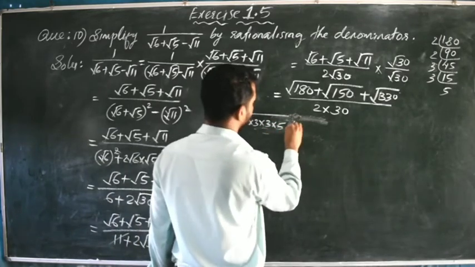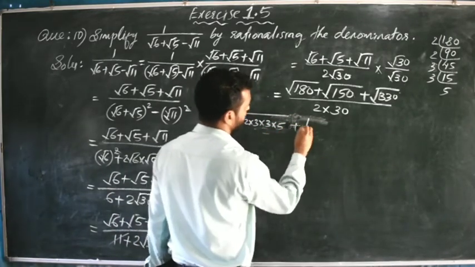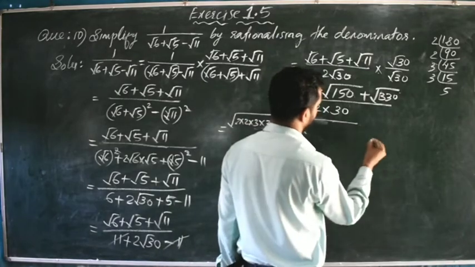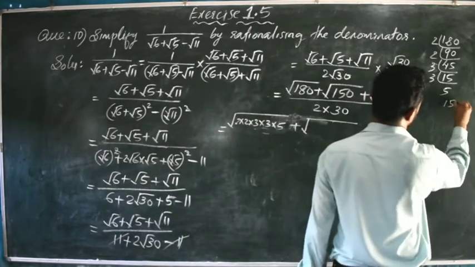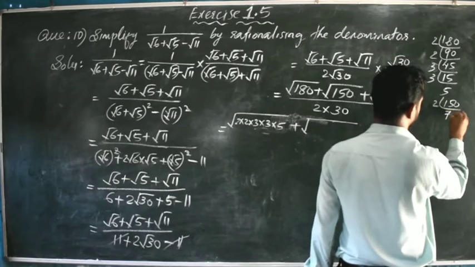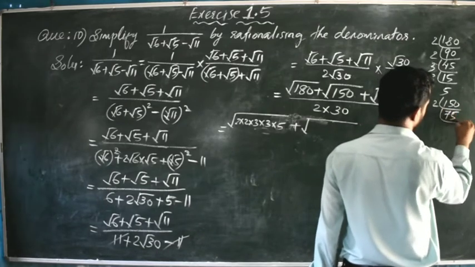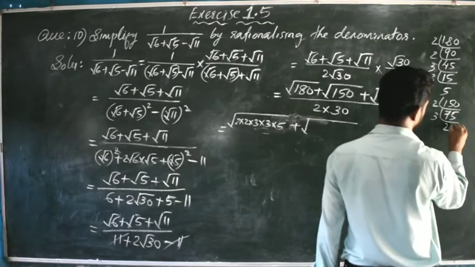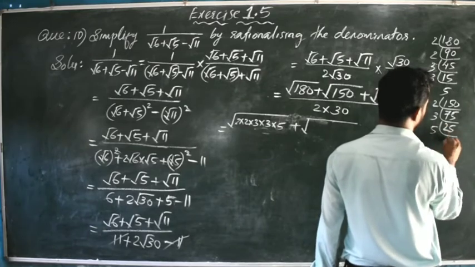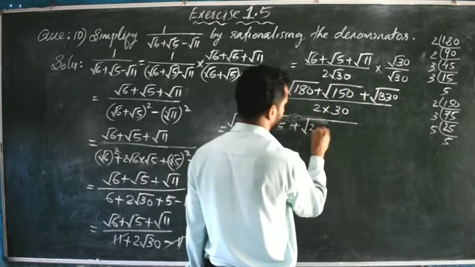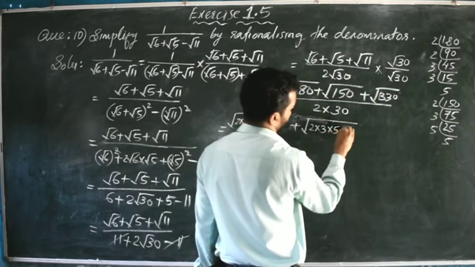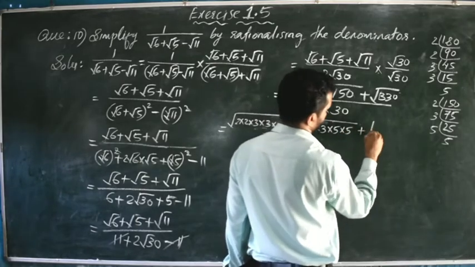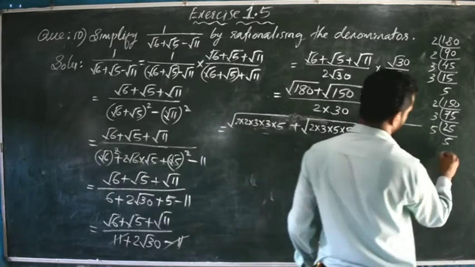Then plus root 150, square root of 150, factorize it. 150 divided by 2, 7 2s are 14, 1, 5 divided by 3, 3 2s are 6, 5 divided by 5, 5. 2 into 3 into 5 into 5. Plus square root of 330.